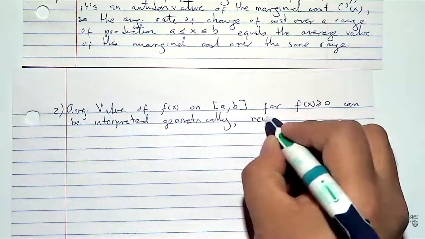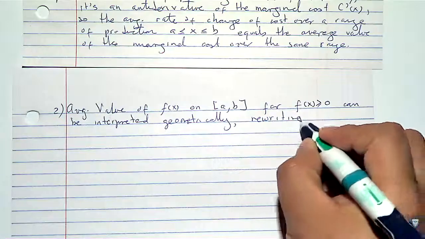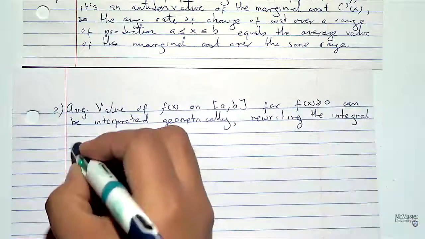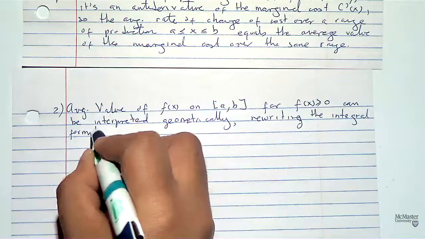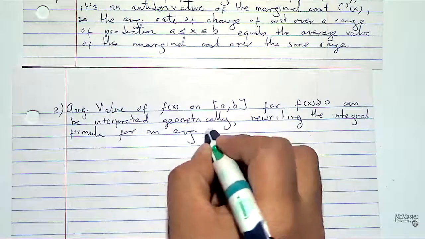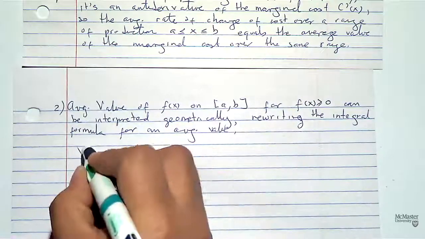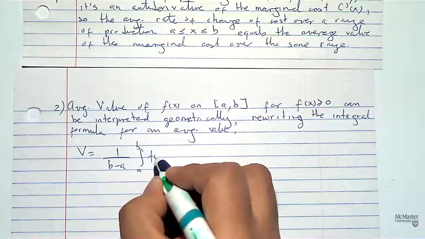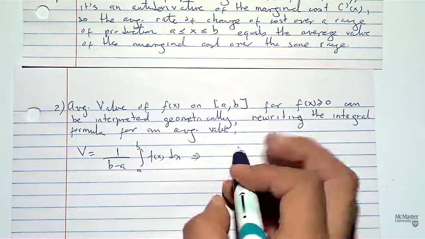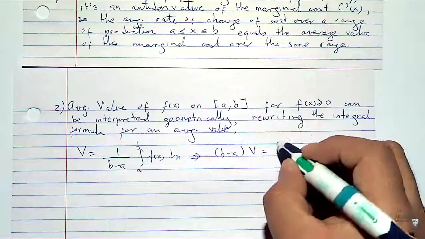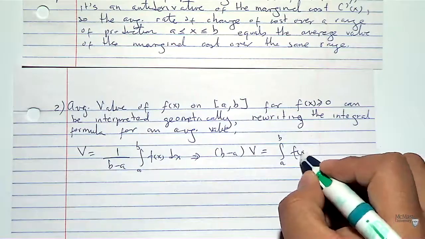So if you rewrite the integral formula for an average value, what you have is b, by definition, is 1 over b minus a, integral from a to b of f of x dx. So what does that mean? That b minus a times b is equal to the integral from a to b of f of x dx.